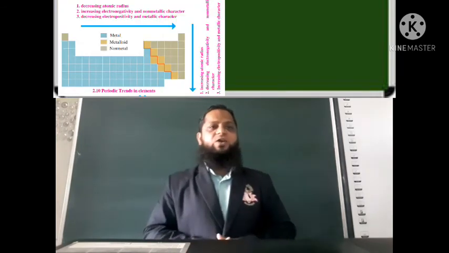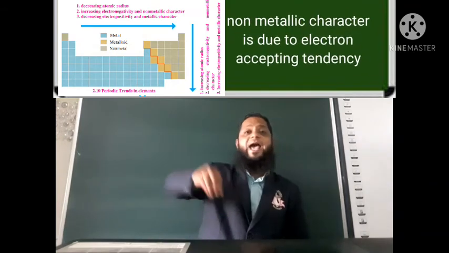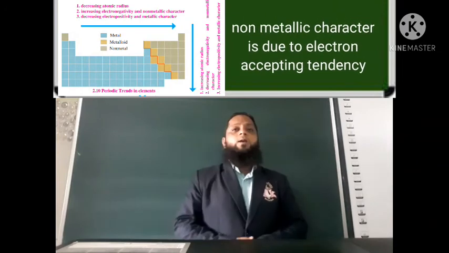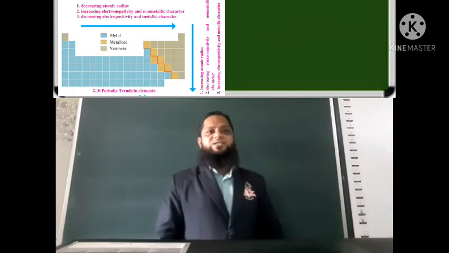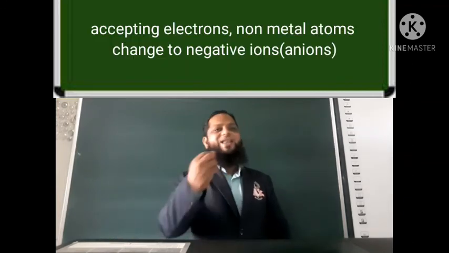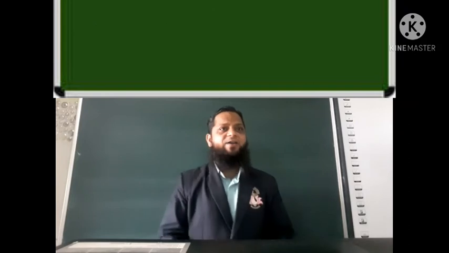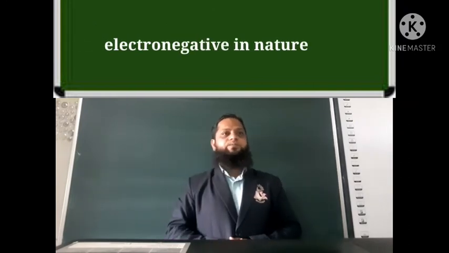Non-metallic character of the elements is due to their electron accepting tendency. By accepting electrons, non-metal atoms change to negative ions, that is, anions. These are therefore electronegative in nature.